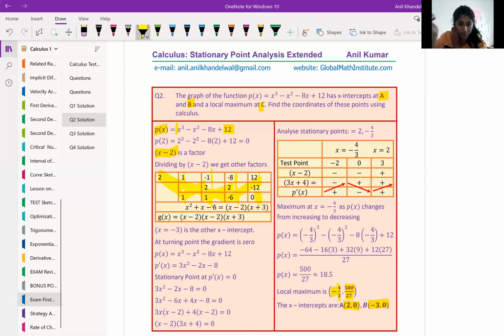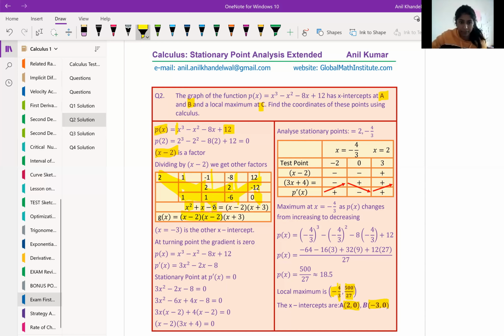Correct. So then what you find out is it is x minus 2, x minus 2, x plus 3. When you multiply them out, they give you what we intended, which is x cubed minus x squared minus 8x plus 12. So the x-intercepts are at x equals minus 3 and x equals 2.